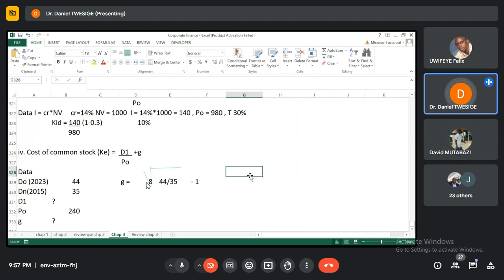We don't count 2015 because 2015 is already at the end. You started with 16, and if you start with 15, then you raise 1.